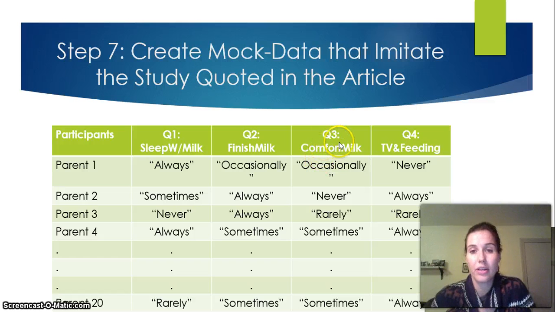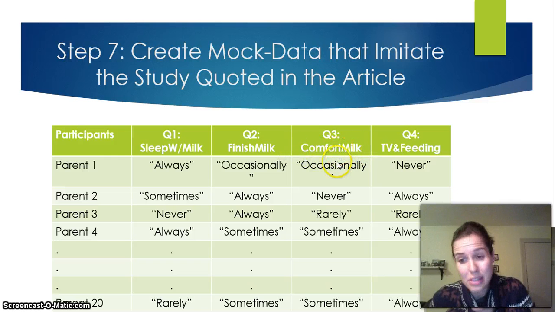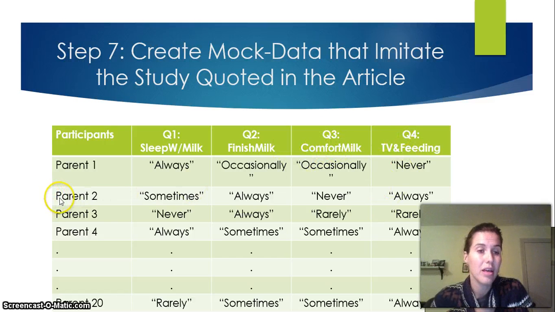Then the third question for the same parent is, are you comforting your baby with milk? And I'm just making this answer up. I say that parent said occasionally. Do you watch TV while feeding your baby? And I say that parent said never. I don't know, I'm making up fake parents, I'm making up fake responses, all mock data.